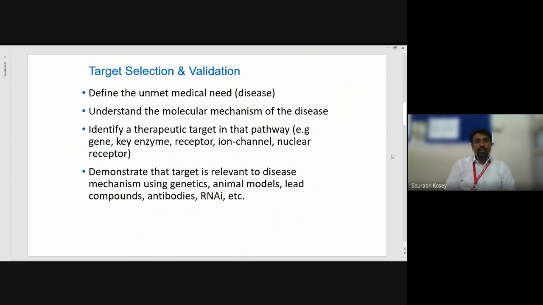So target selection or validation is one of the processes where we have to see a molecule's specificity, genuineness.